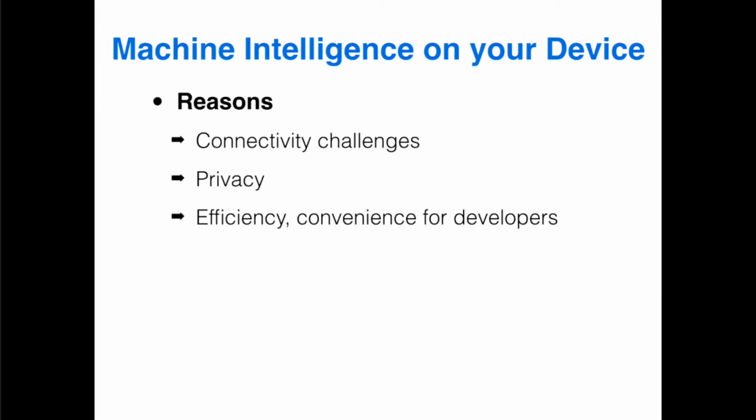So this is one of the reasons why you'd want to do predictions on device. Secondly, privacy. If you're using models or data specific to a user and the user doesn't want that data to be sent to the cloud all the time, then you'd have to make these applications and features work directly on device. So that's a big reason to do this.